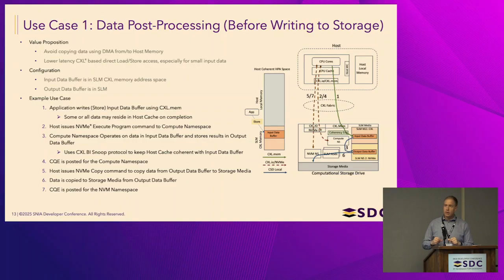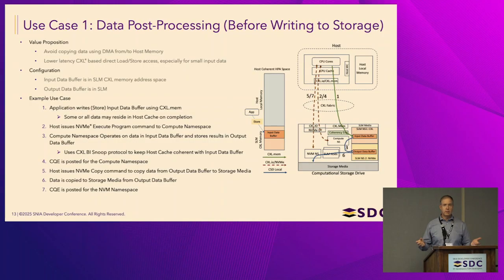All right, so now we're going to issue an NVMe execute program command to post-process the data. Because we're coherent, the device needs to use a snoop back and validate protocol to the host and say, hey, I need to have all the data in me because I'm going to manipulate it, so flush your cache and make sure that I've got it. So we get all the data in the device.